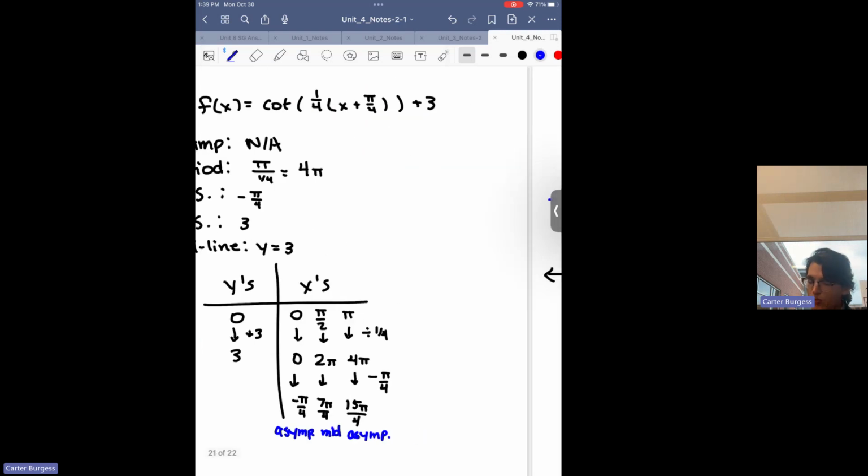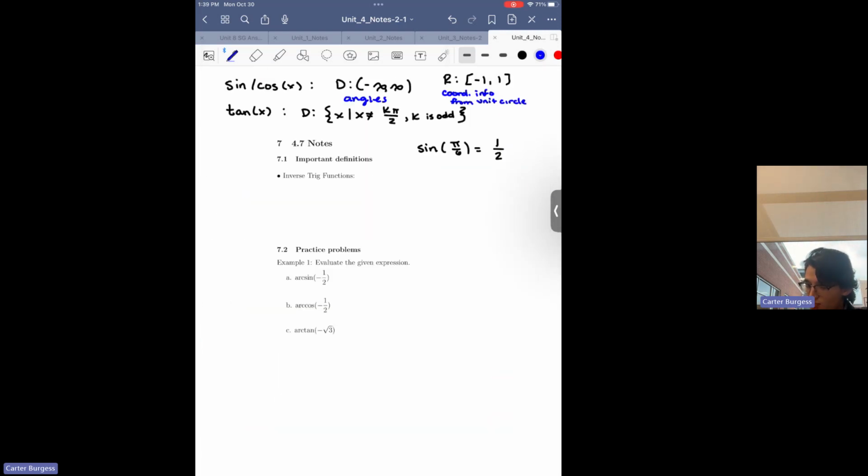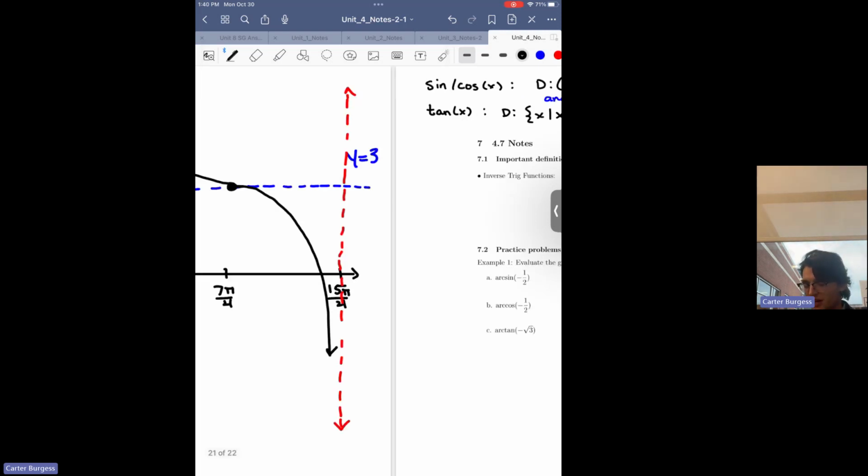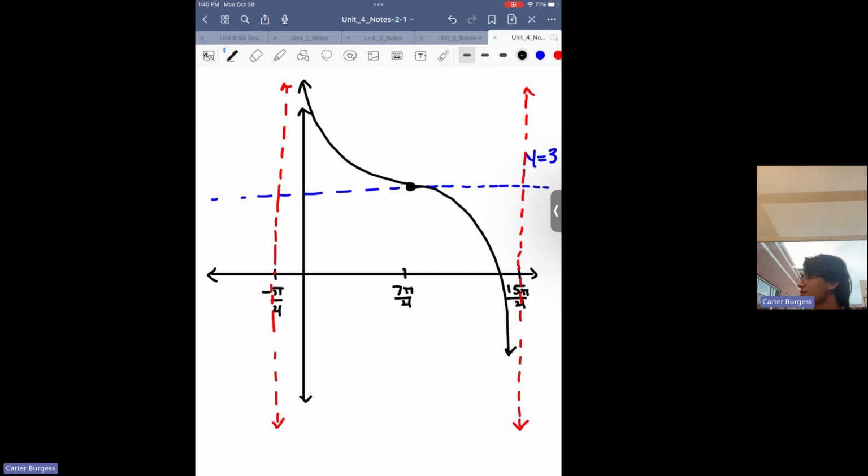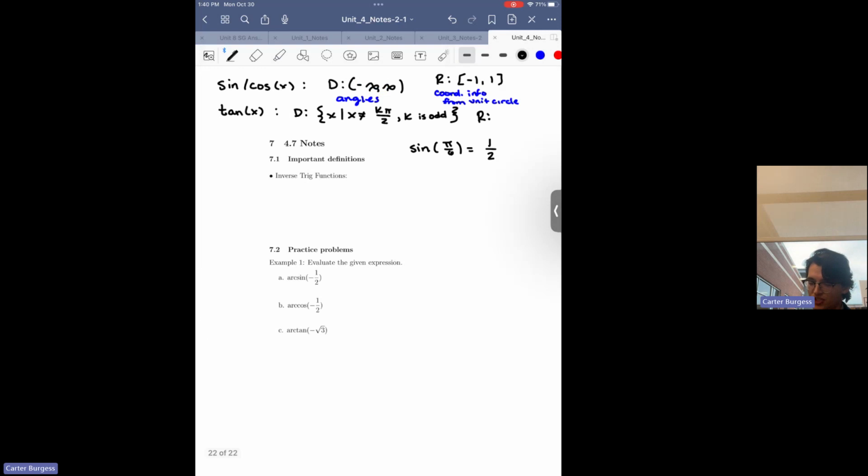Now with tangent, the range still represents coordinate information. But in this case, that coordinate information is a little bit obscured. It's not just the x value or just the y value, it's that y over x ratio. Looking at something like tangent or cotangent, is there a minimum y value or a maximum y value? No, the range for tangent is just all real numbers.